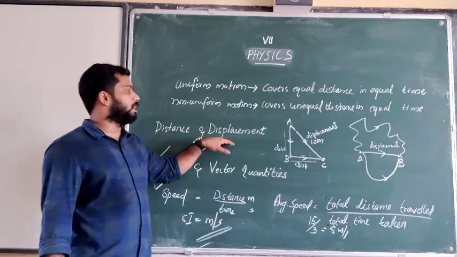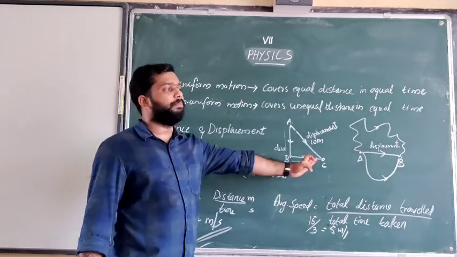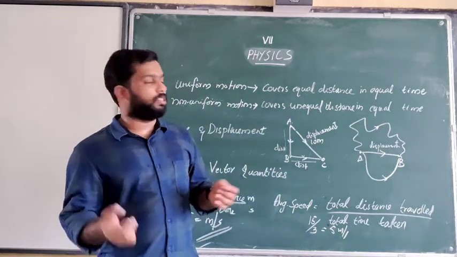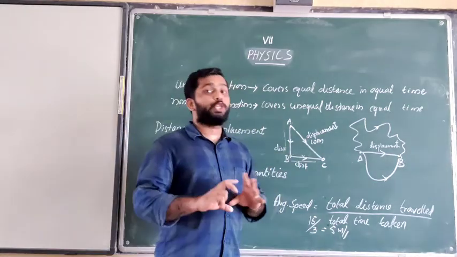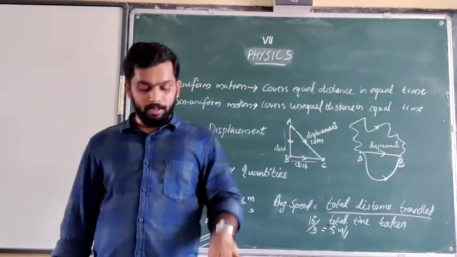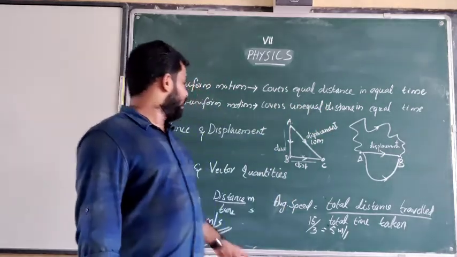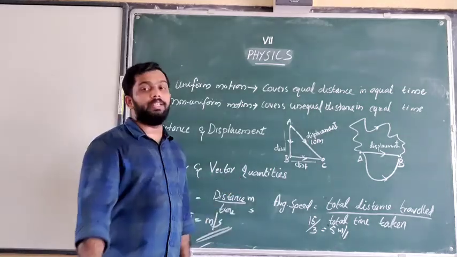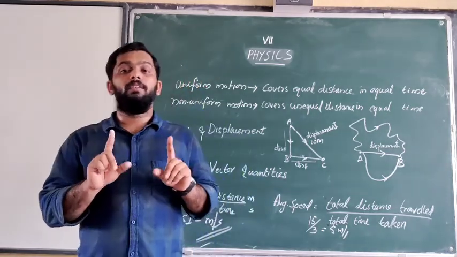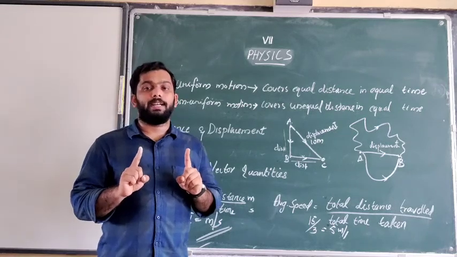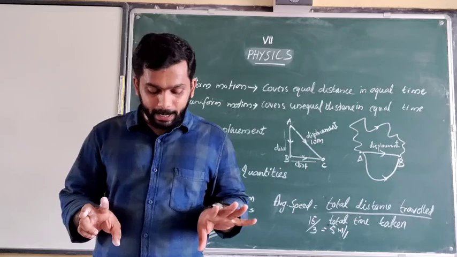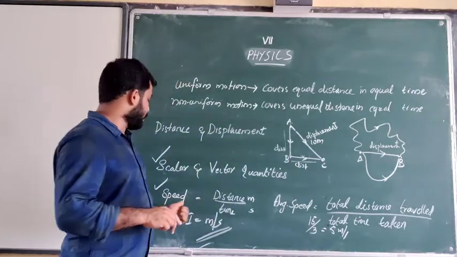Then distance and displacement: distance is the total length covered by an object, whereas displacement is the shortest possible distance between the initial point and the final point. Then we saw scalar quantities and vector quantities. Scalar quantities are expressed only in magnitude, whereas vector quantities have both magnitude and direction.